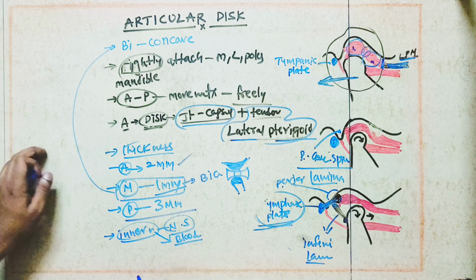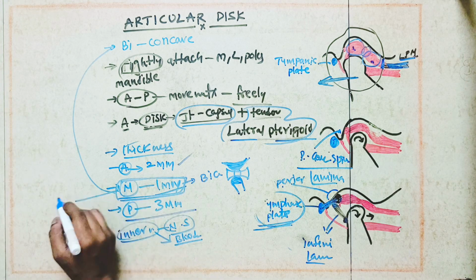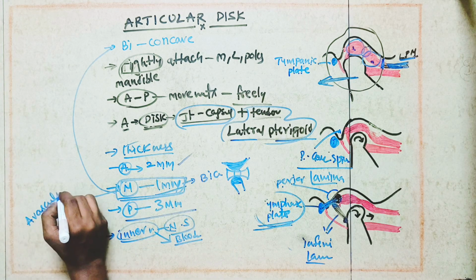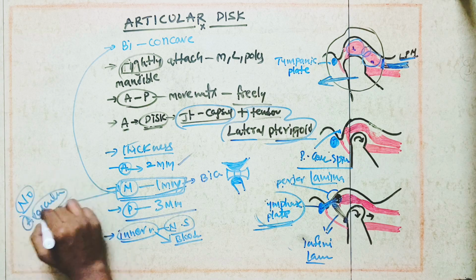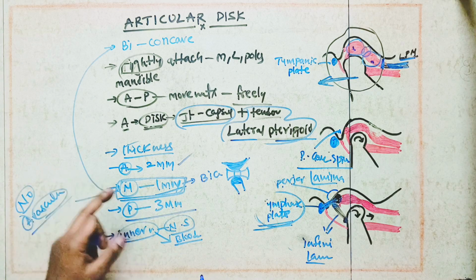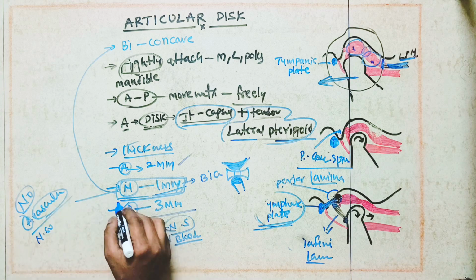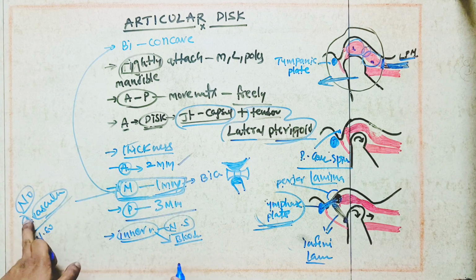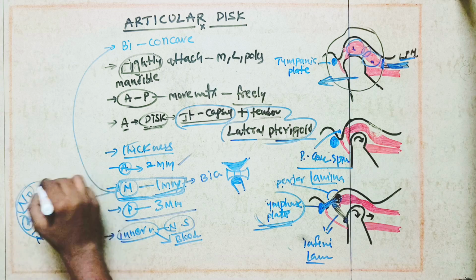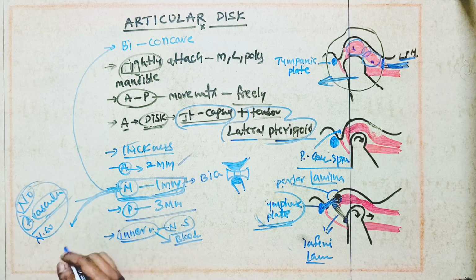The middle portion is avascular, A meaning no. There is no blood supply and no nerve supply to the middle portion. Because of this, the middle portion can take more stress. So this is about the articular disc. Clear?